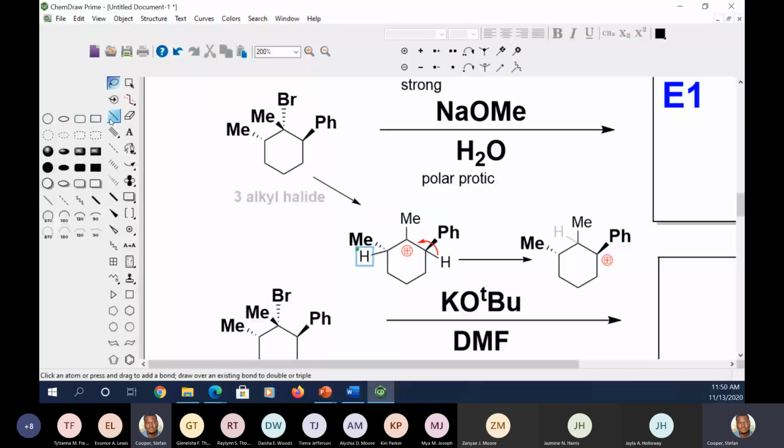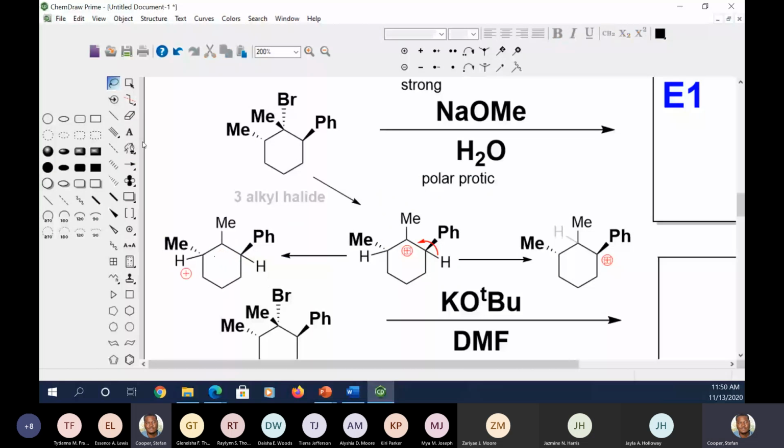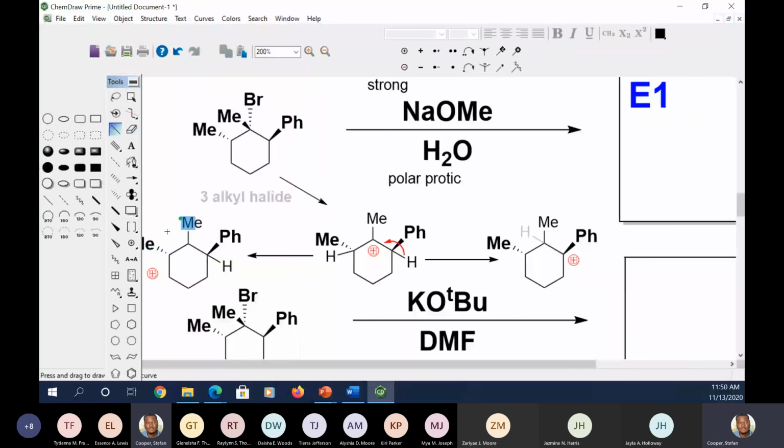Let's see if I can draw it out for you. It would just be tertiary. So my plus will move there, right? And my H will move there.